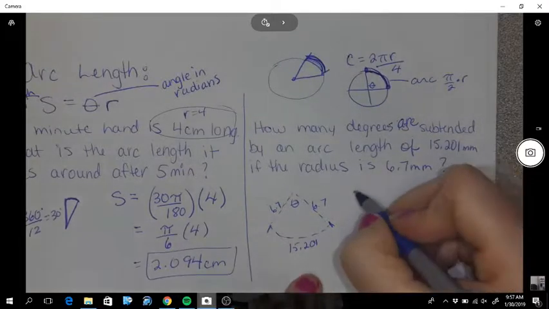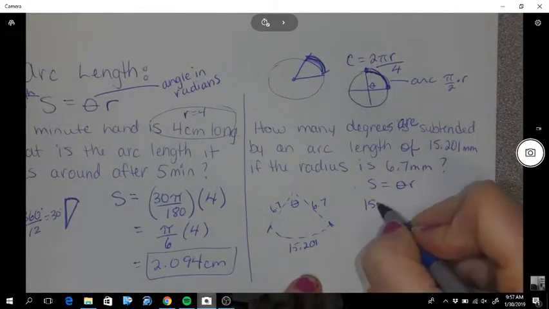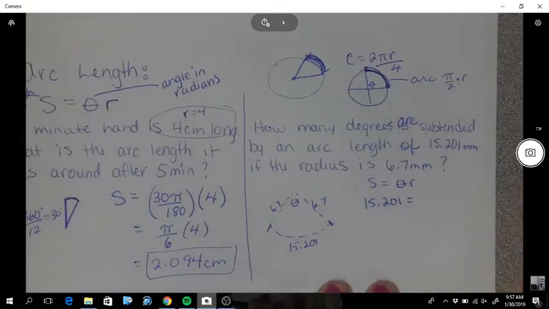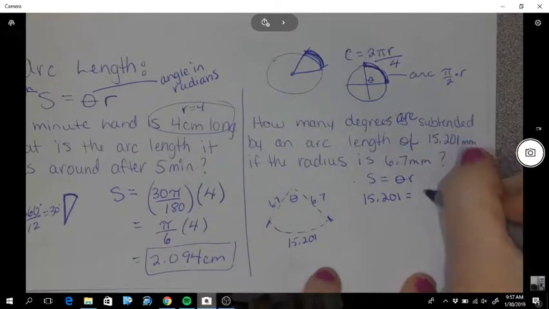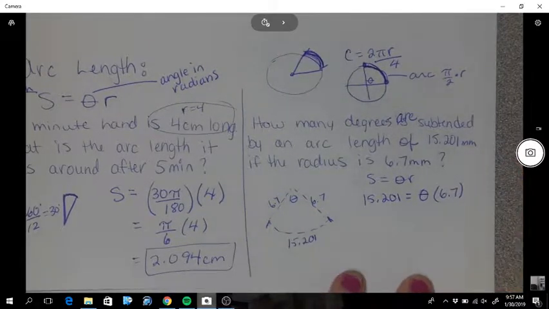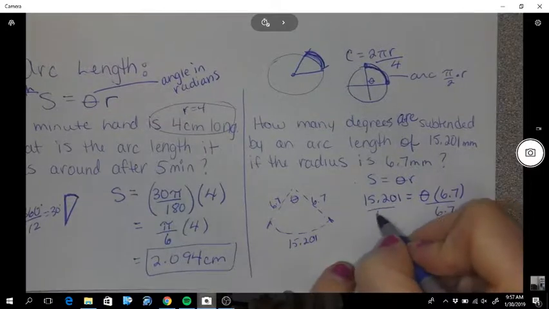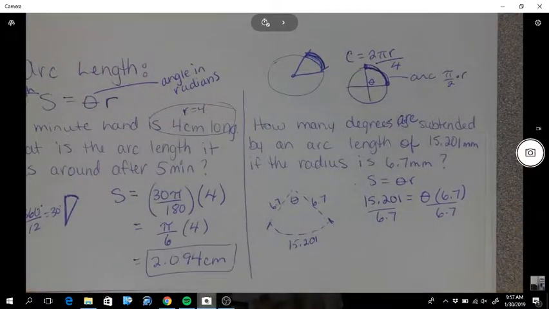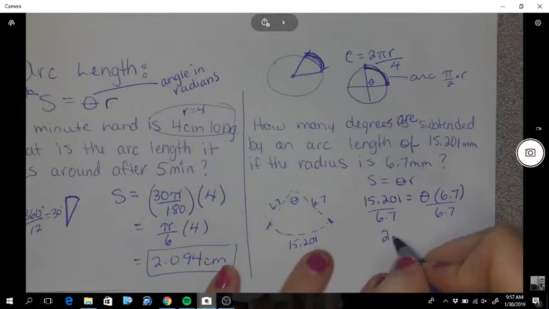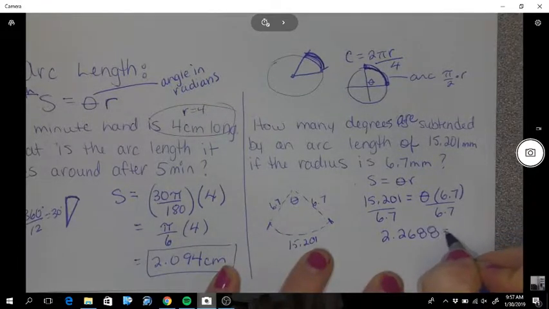This time I'm going to plug 15.201 into that spot, equals the angle times the radius. So I'm going to divide 15.201 by 6.7, and you get 2.2688.